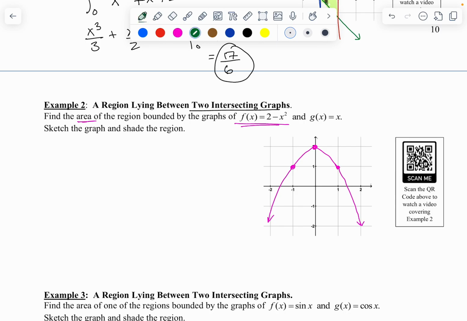And then our second function, our g of x, is going to be x. So x looks like this. I want this to keep going so that we can see that intersection point. So we want to find the area of the region bounded by the graphs. Basically the area that we are looking for is right here.